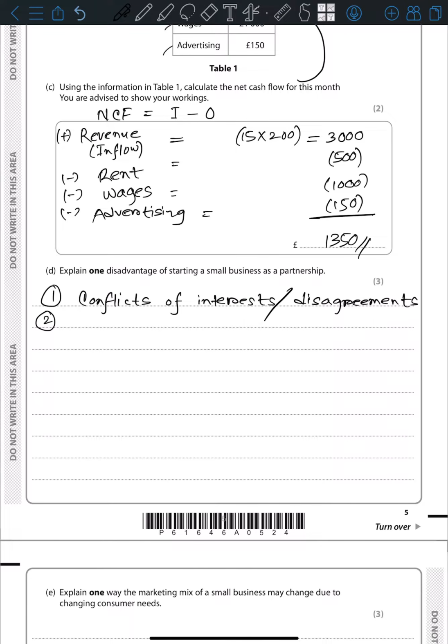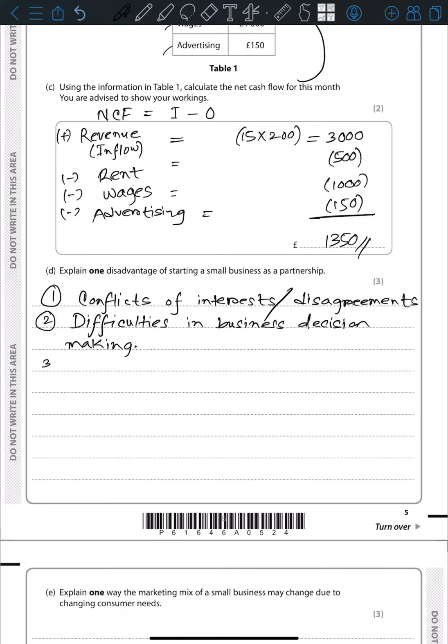How will conflicts or disagreements translate into making life harder for me? So what it's going to do is it will be difficult to come to an understanding, come to a solution, come to make a business decision. So this translates into difficulties in business decision making.